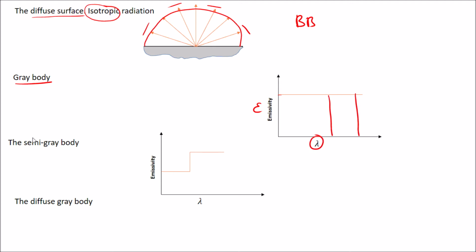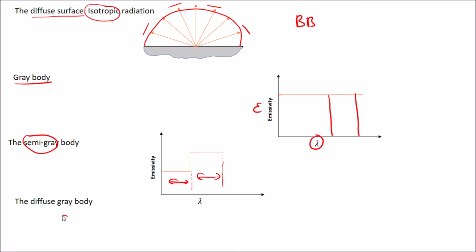And there is the semi-gray body. Semi-gray body means half of the properties of the gray body, and in this case you have an emissivity that is constant, but not constant over all the lambdas, only constant for some range of the lambdas. If you look at it here, it is constant in this range and constant in that range. And there is the diffuse gray body.